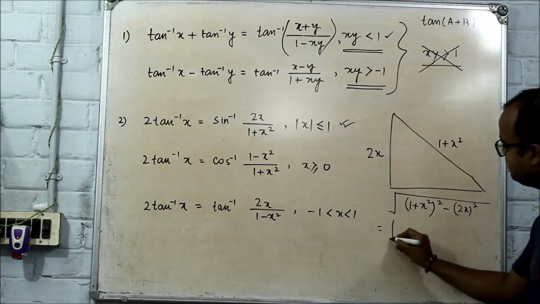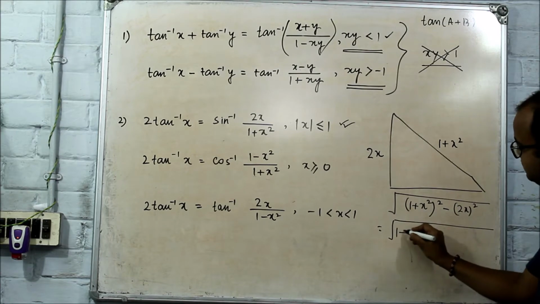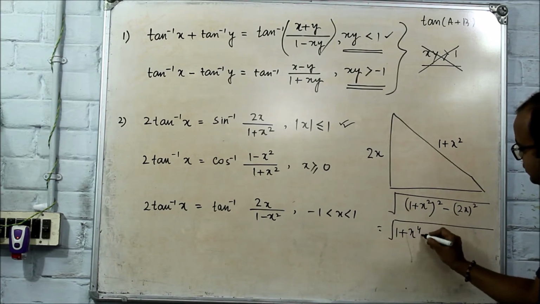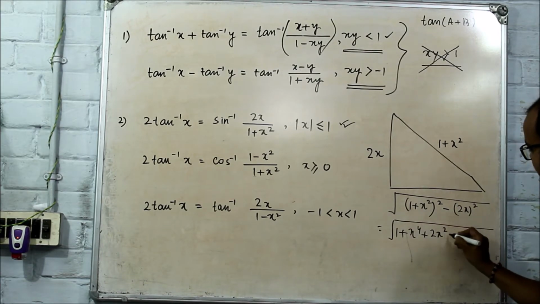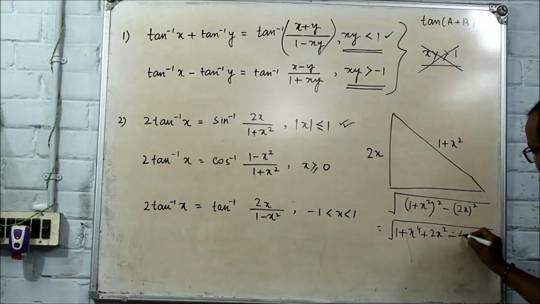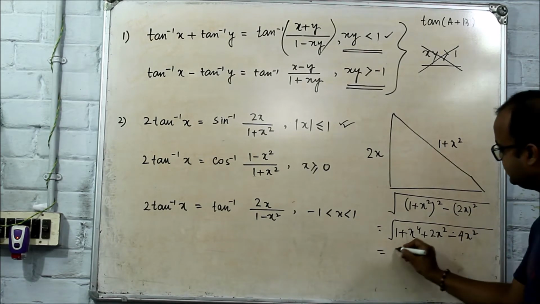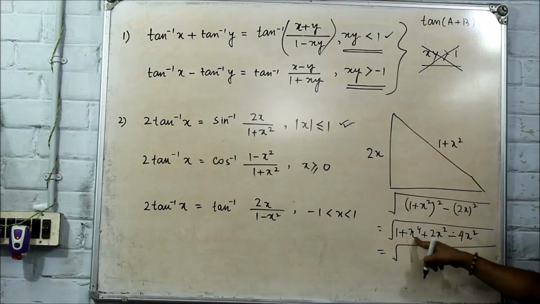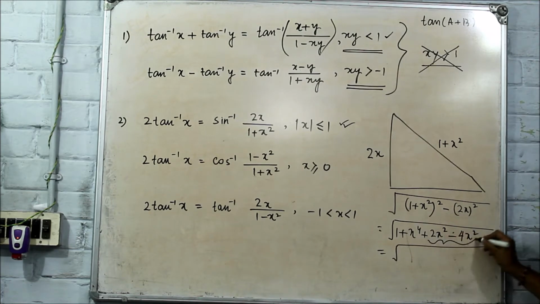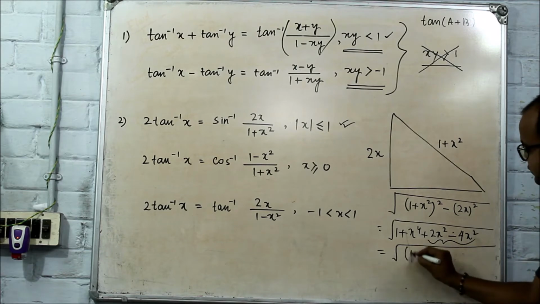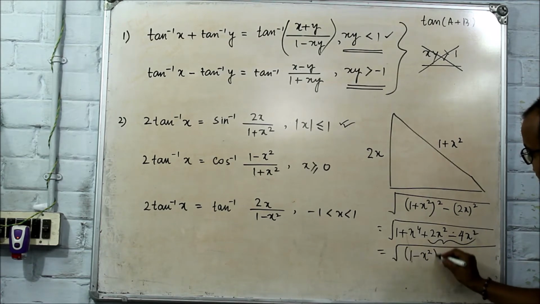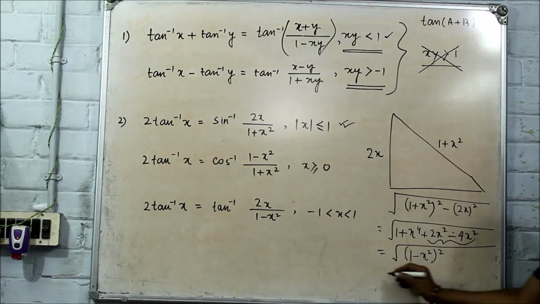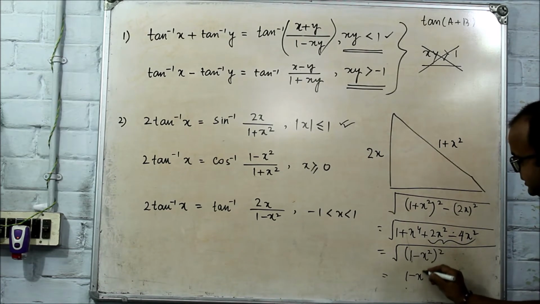So if you simplify, you'll get 1 plus x to the power 4 plus 2x square minus 4x square. So this is equal to 1 plus x to the power 4 minus 2x square, which will be equal to 1 minus x square whole square. So this is equal to 1 minus x square.